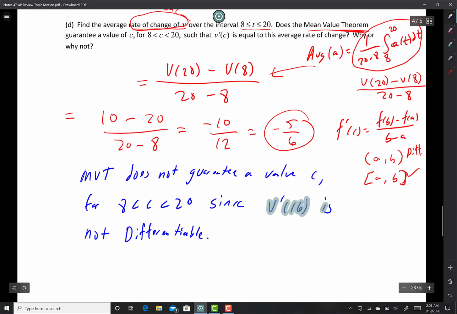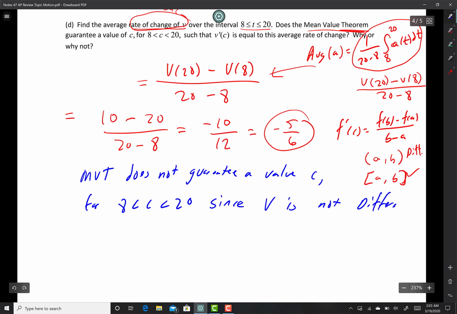I guess a better way to say that, I wouldn't say v prime. I would say since v is not differentiable at t equals 16. I think that's perfect right there, guys.